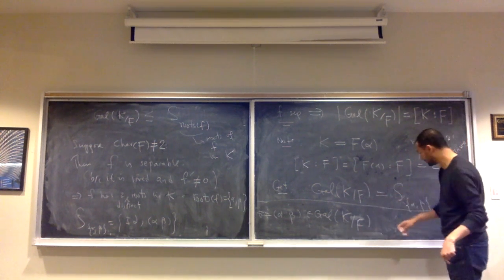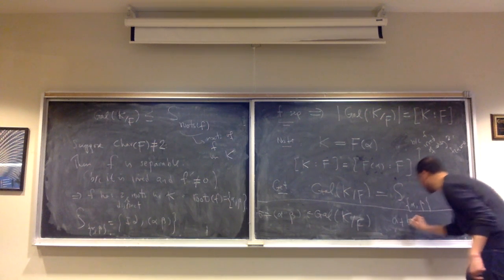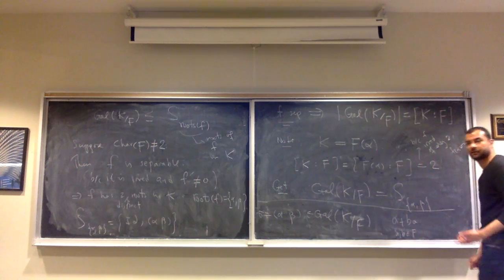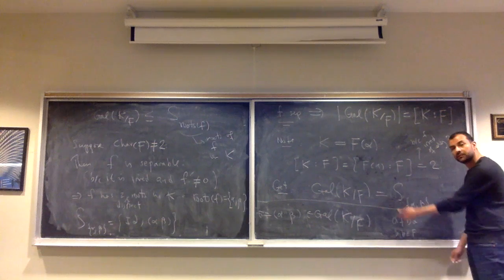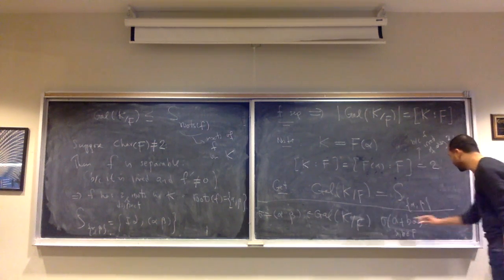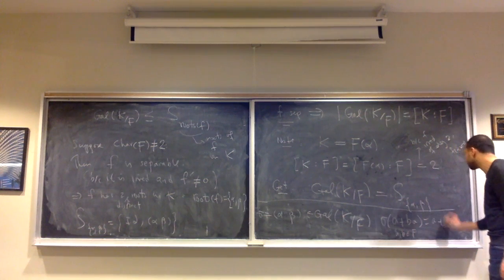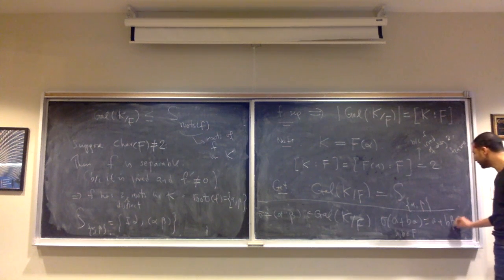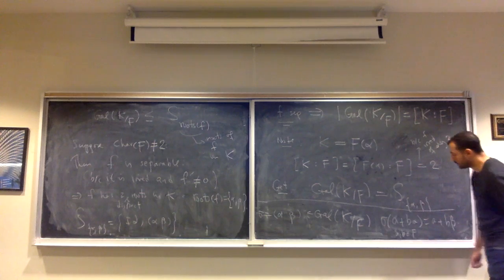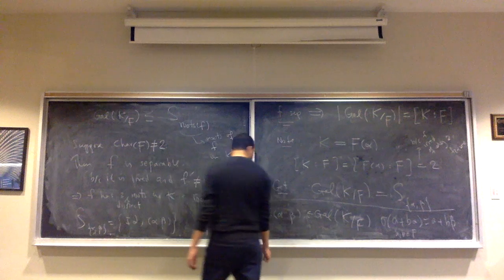So an arbitrary element of K is something of the form A plus B alpha, where A and B are in F. Any element of K can be uniquely written in this form, and then sigma of this will be, well, anything in F is sent to itself, so A plus B, and then alpha is sent to beta. So this is a formula for the automorphism of K which swaps alpha and beta.